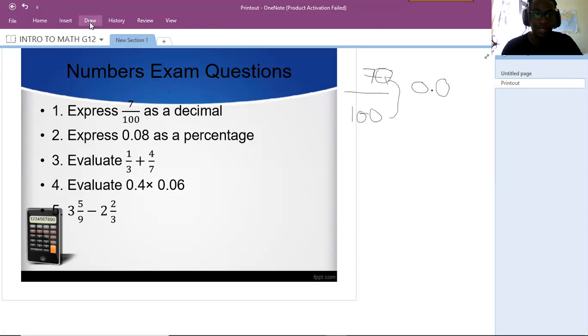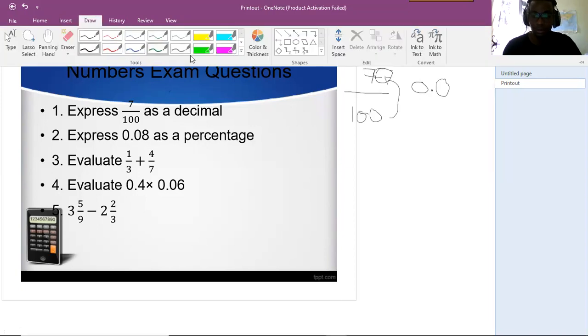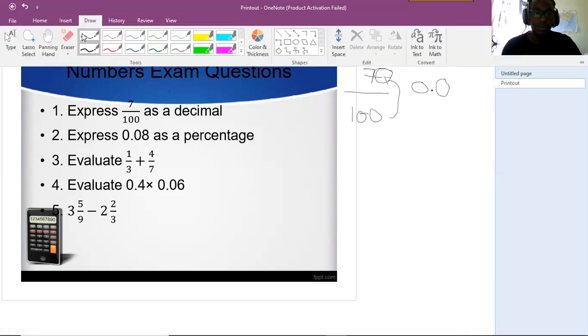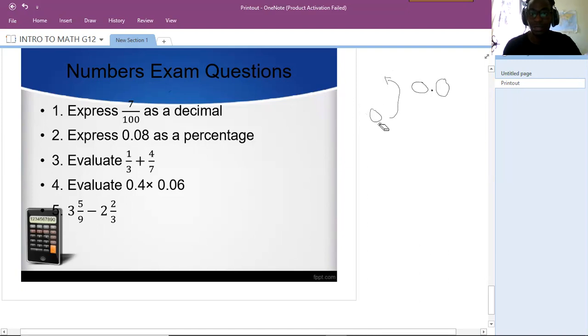Okay, sorry, I've made a slight error. Let me wrap this. When you introduce the zero, you also have to add a zero and a decimal point there. So that's the error I made. So 7 divided by 100, 100 into 7, it can't.